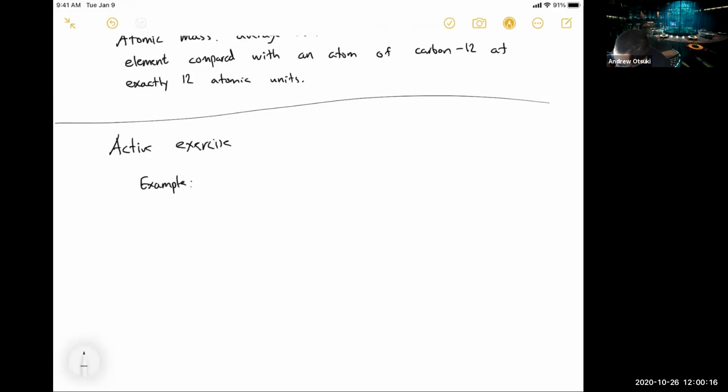All right, the natural distribution of the isotopes of boron.